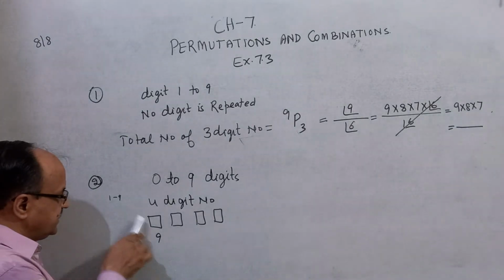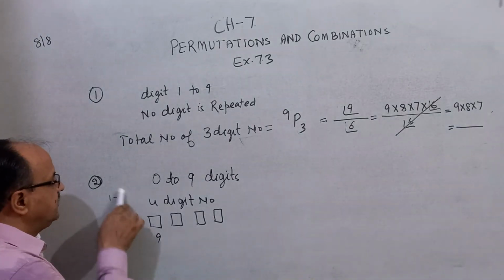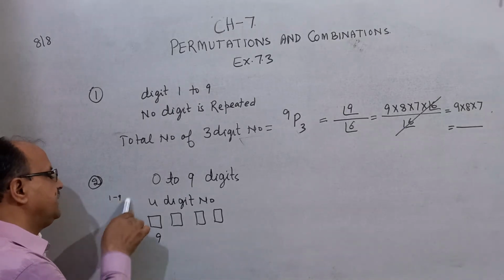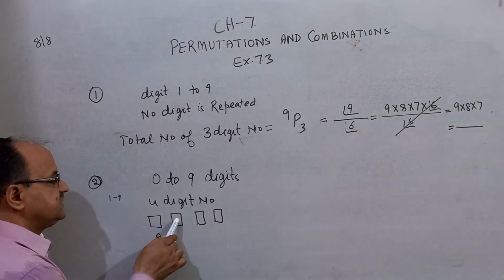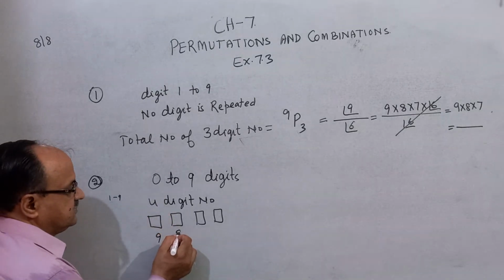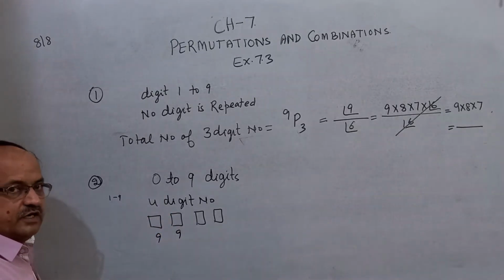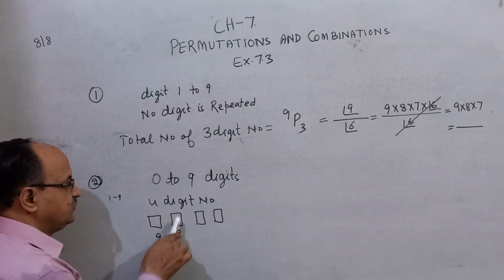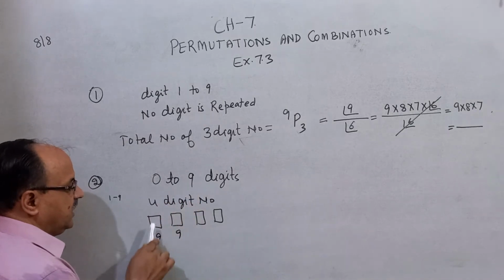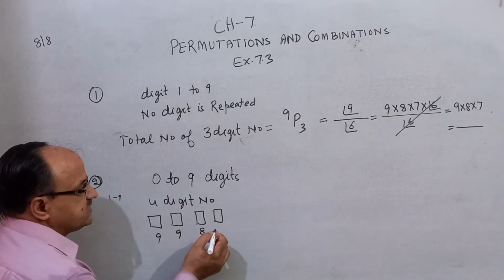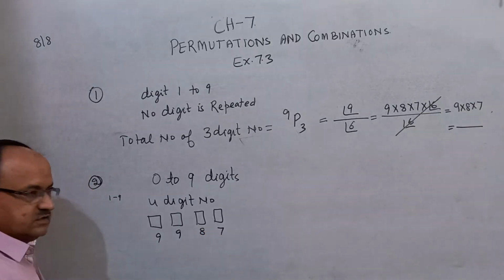When you put 1 digit here, the remaining digits are 8. But in the second place you can also use 0, so 8 plus 1, that is also filled by 9 ways. When you put here 1, you know that of the total 10 digits, 2 are already used. It means you can fill this in 8 ways and this in 7 ways. Clear?